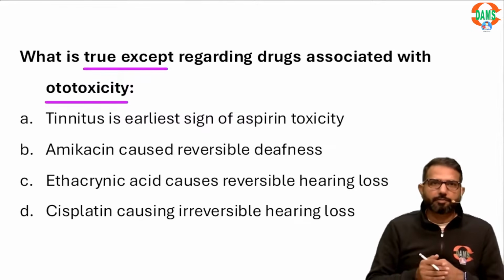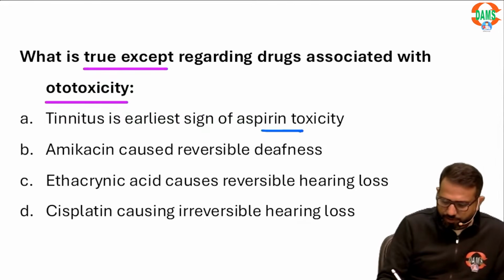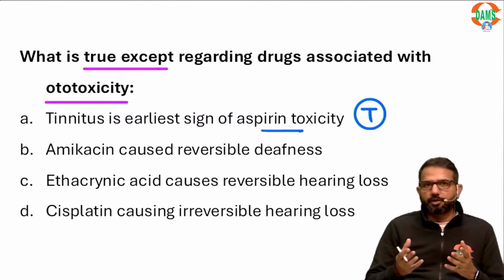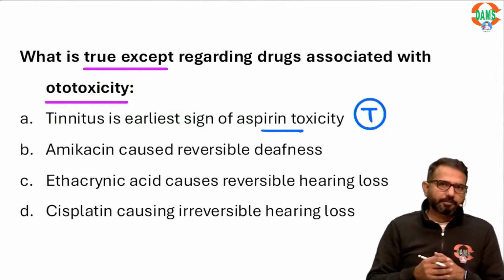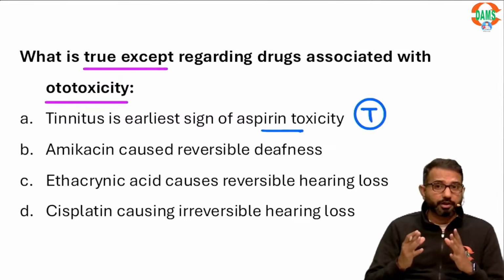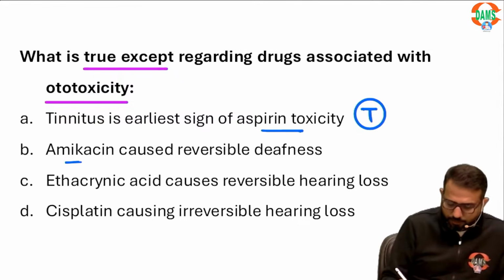So let's see one by one. Tinnitus is the earliest sign of aspirin toxicity. That is absolutely true. Tinnitus, a ringing sensation in the ear, is the sign of aspirin toxicity, salicylism. Then amikacin causes reversible deafness? Amikacin is one of the aminoglycosides.